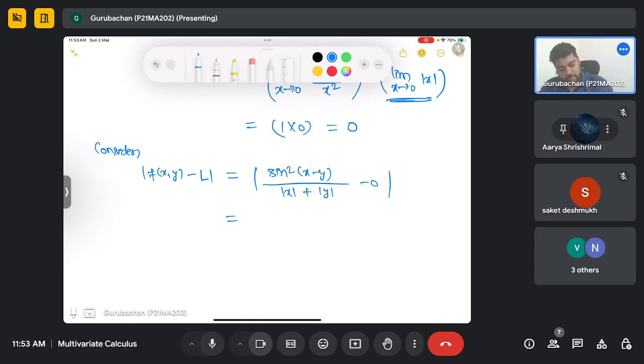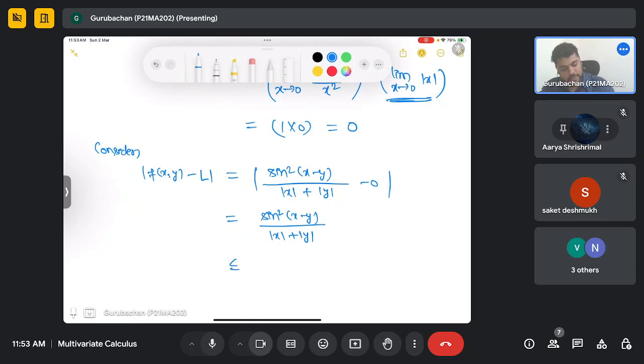So this will be sine square of (x minus y) divided by mod x plus mod y. Here I can remove the mod because both quantities are non-negative.